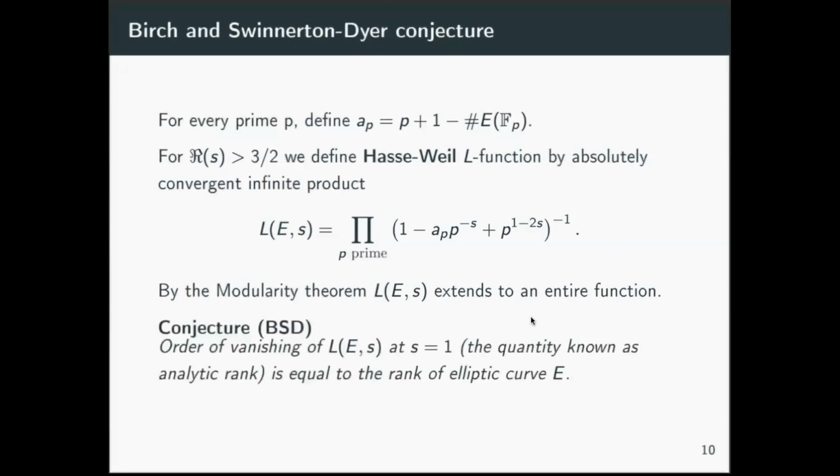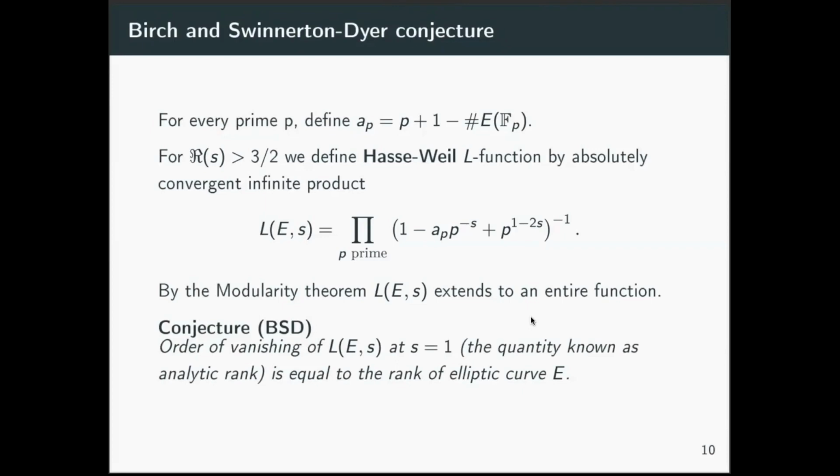Why am I telling you this? There's a conjecture which tells you that the order of vanishing of the L-function at the point s equal to 1, and this order of vanishing is called the analytic rank, is equal to the rank of the curve.